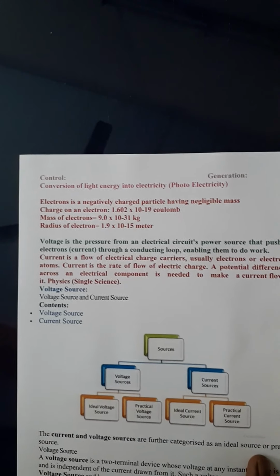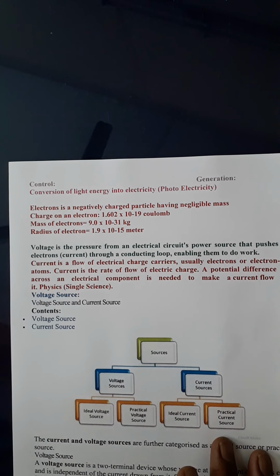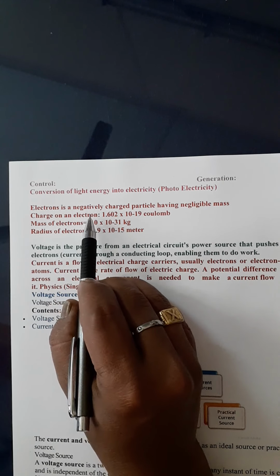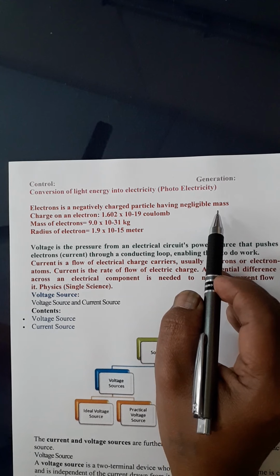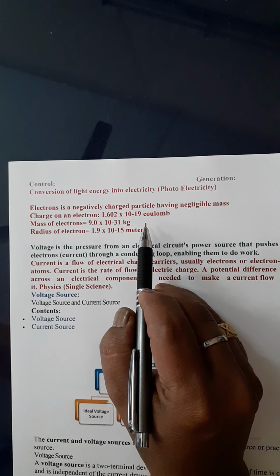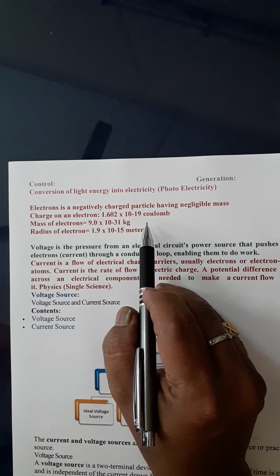So now what we have to remember in the calculation after this? We know that an electron is a negatively charged particle having negligible mass. So here we have to use some constant values while we are doing some calculation by using electrons.